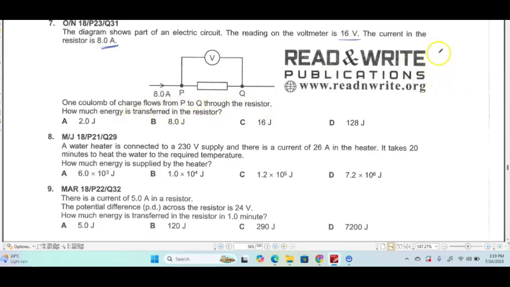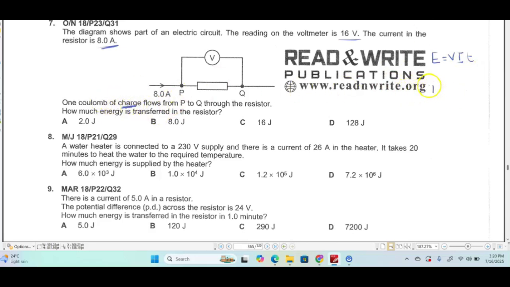Okay. Now, to find out energy, we need voltage, current, and time. So, we have the voltage to be 16 volts. We have the current, but we don't have the time. And we have the charge over here.